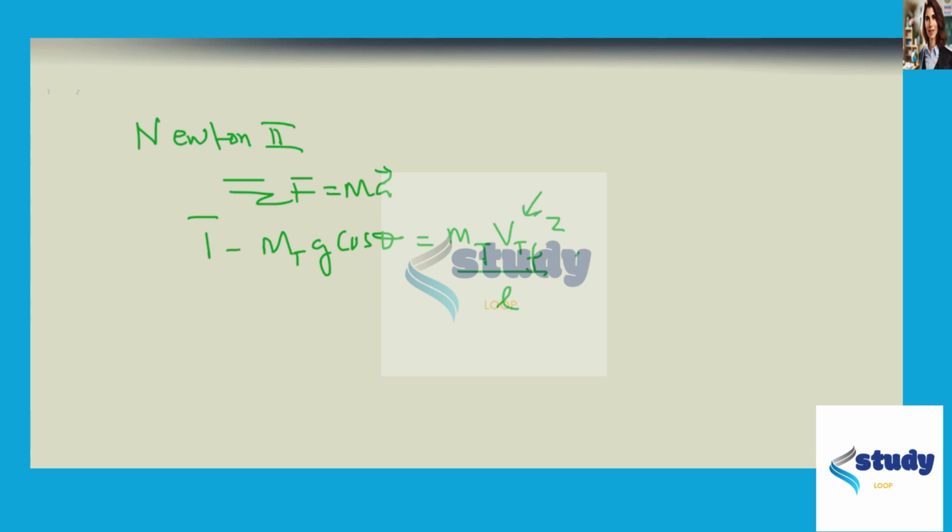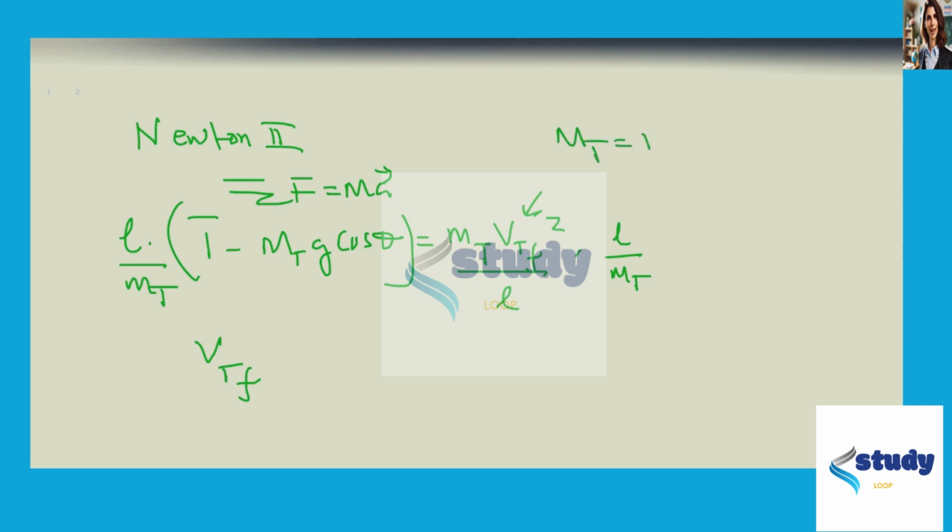So it means we multiply both sides by L over m_t. So we get the final velocity of the block.